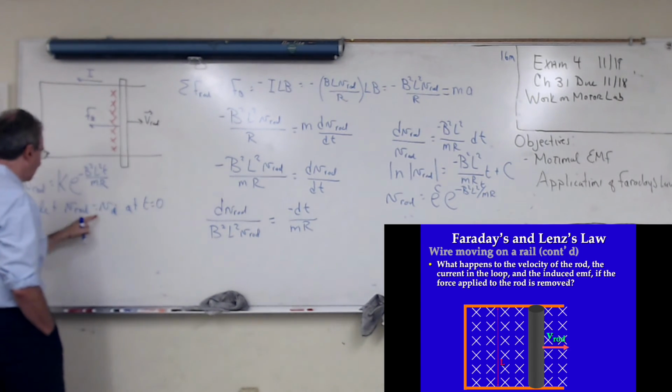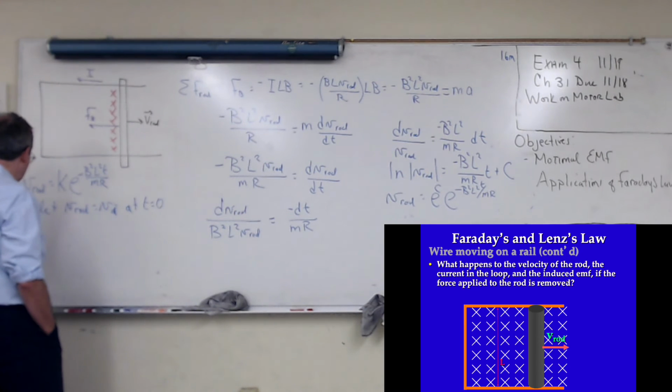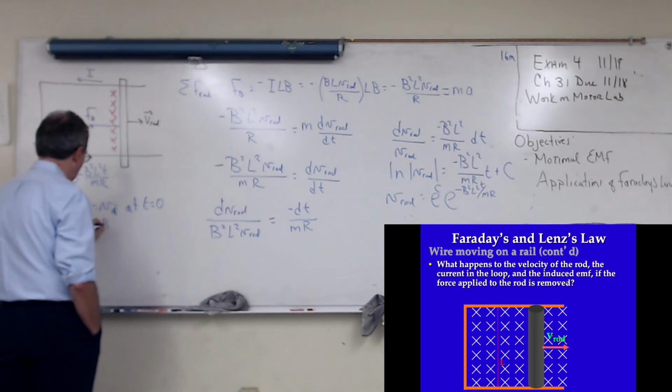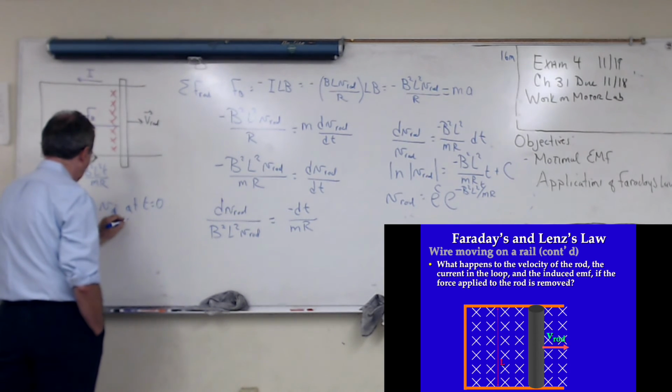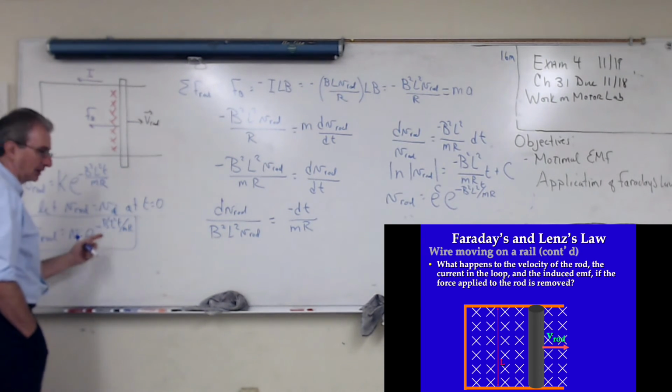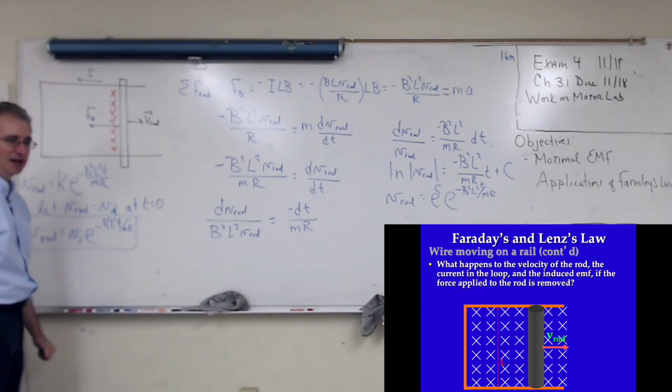So let V of the rod be called V initial at t equals 0. So V rod is V initial e to the minus B squared L squared t over mR. And so the velocity decays exponentially.